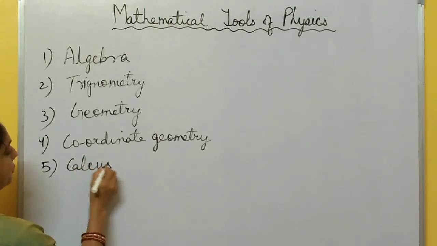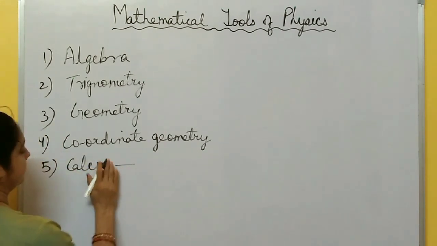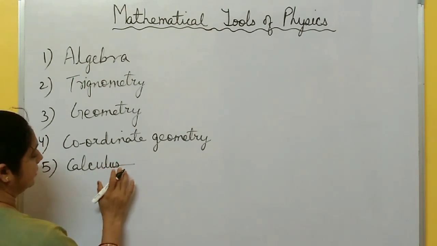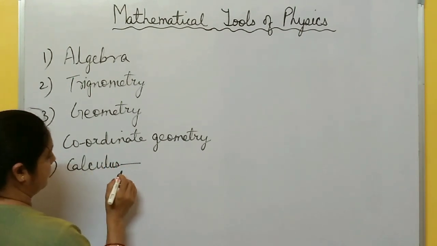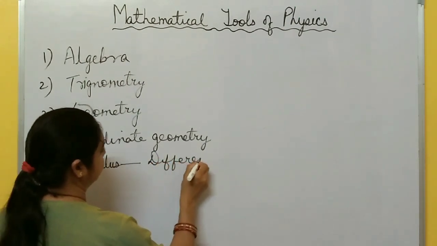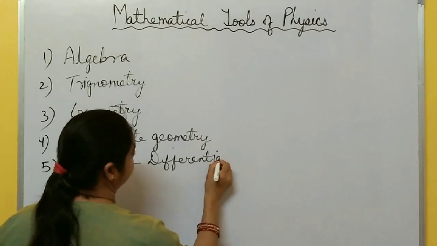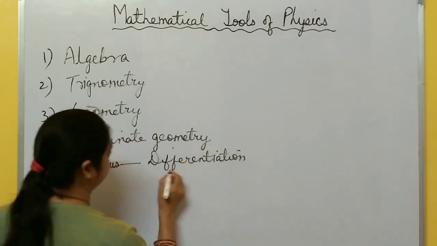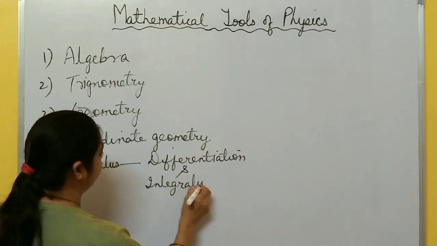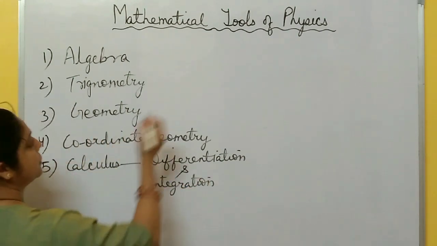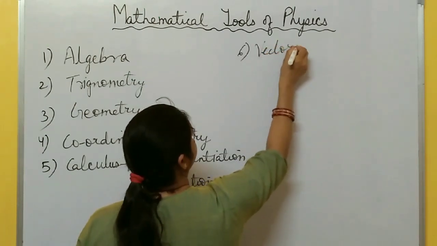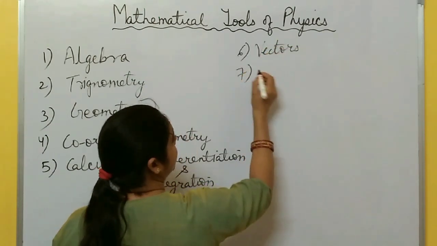This one is new for you. In calculus you have to study differentiation and integration, right? Then you also must have some knowledge about vectors, their graphs, and then one more, logarithm.